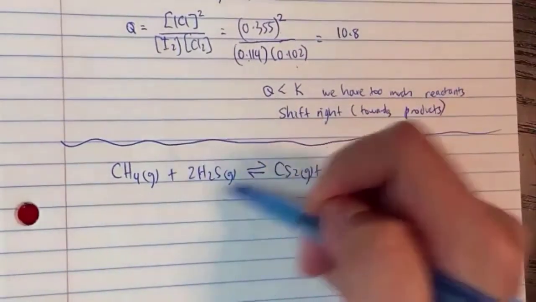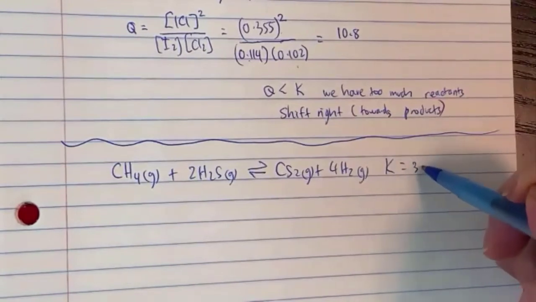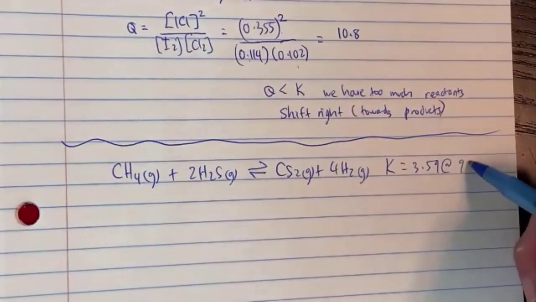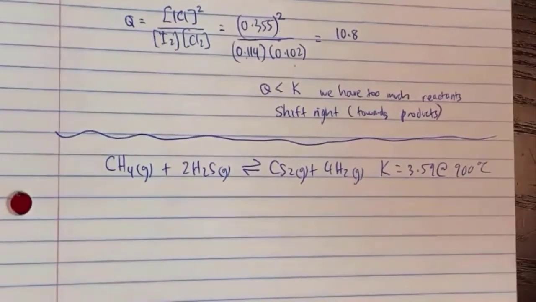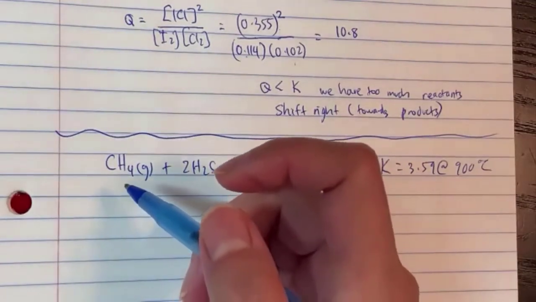And then the K here is given as 3.59 at 900 Celsius. So they're going to say at the same temperature here, we did the reactions, and they want you to find the Q. So these are all not at equilibrium concentrations, okay?